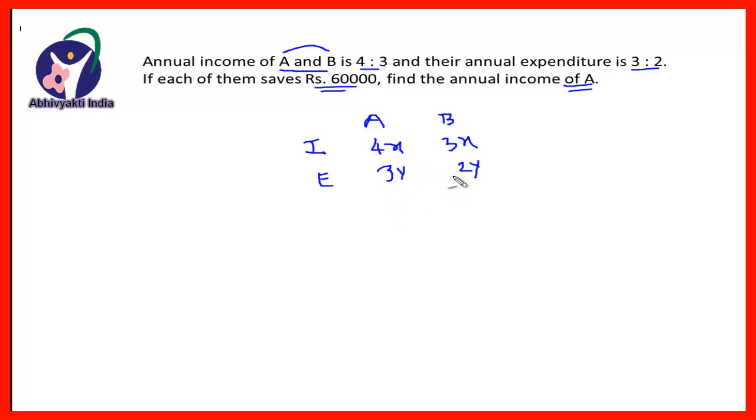From these two we can find the saving. So saving is equal to income minus expenditure, that is 4x minus 3y, and the saving is given as rupees 60,000.